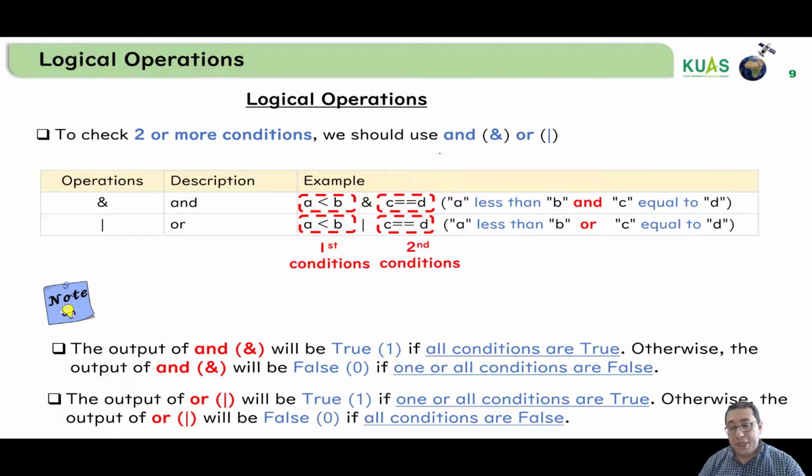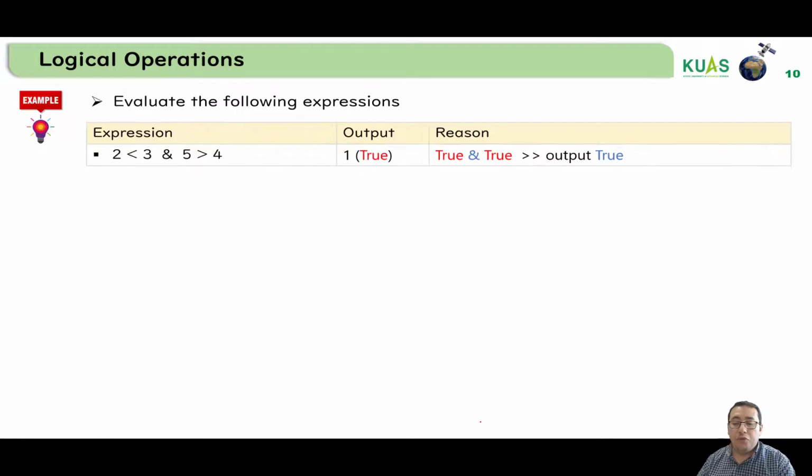While in the OR case, if we have two or more conditions, the answer will be true if one or all the conditions are true. We just need one, but all is okay, but at least we need one true to have the whole thing true. But if all the conditions are false, in that sense, we will have the false output. To understand that in depth, let's consider the following example.